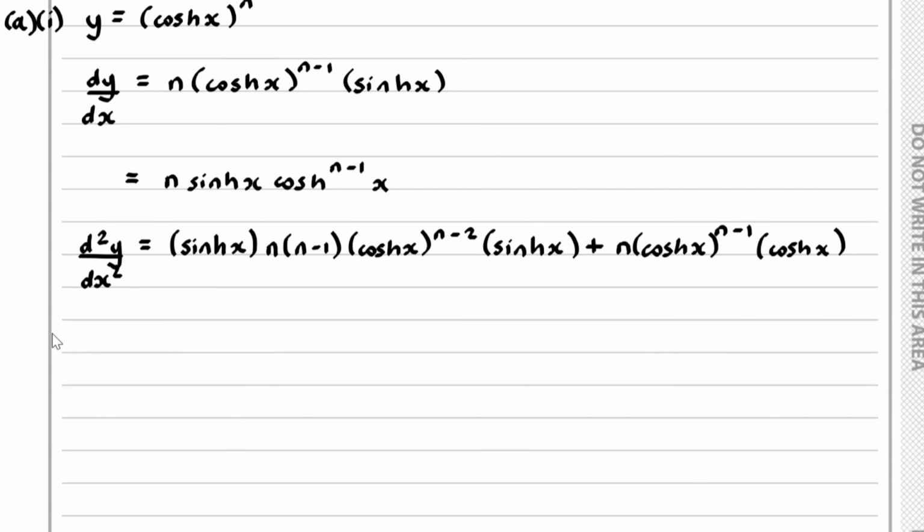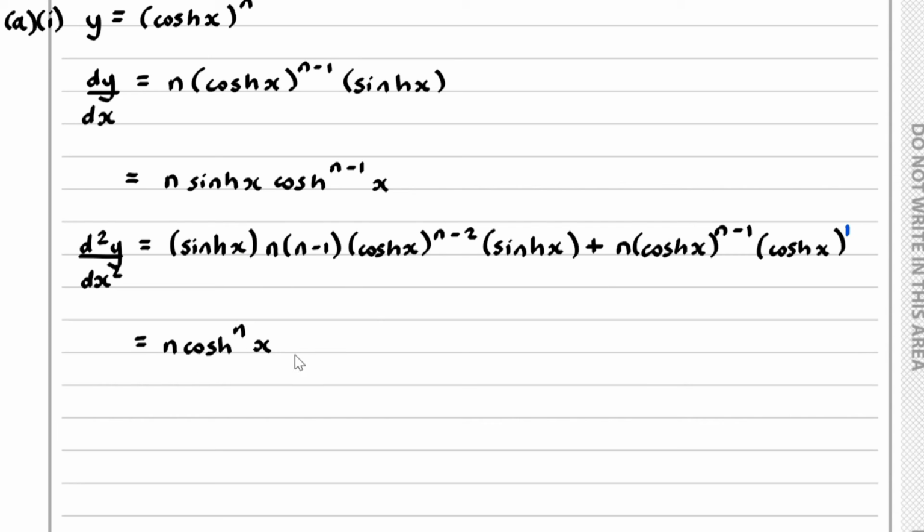So if we tidy this up, let's tidy this result up first. I've got n times cosh x to the n minus 1 times cosh x. Well, because here the power is 1, I can add the powers, leaving me with cosh to the n x, by adding n minus 1 to 1, leaving us with n.